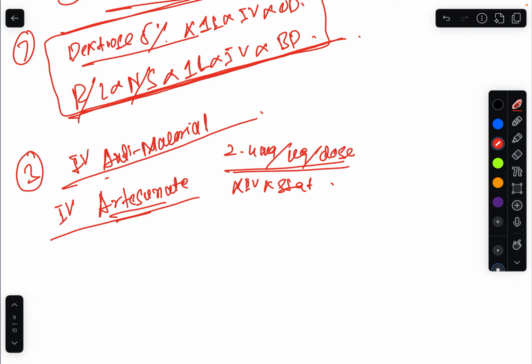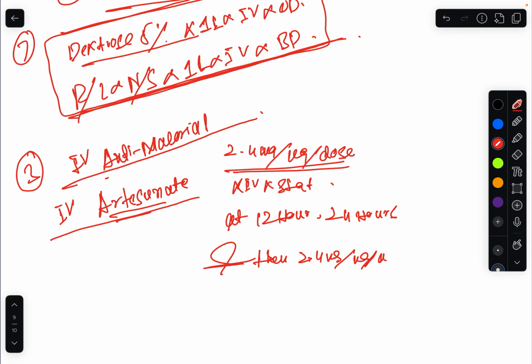Then 2.4 mg per kg per dose at 12 hours, and then at 24 hours, and then 2.4 mg per kg per dose OD for 2 more days.